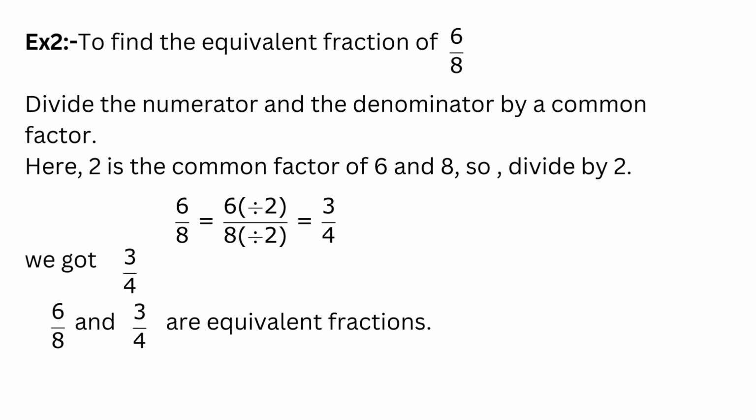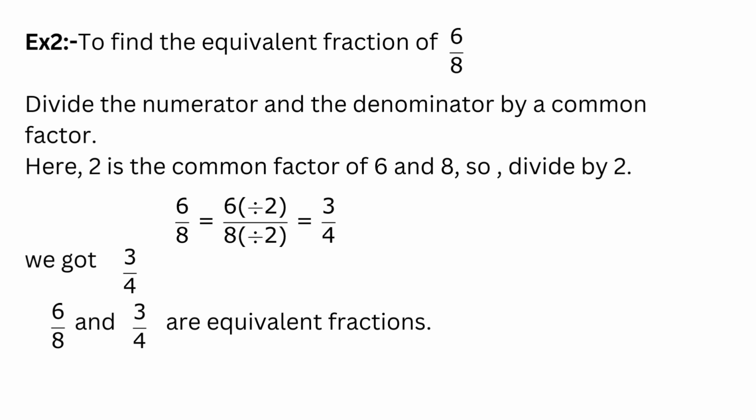Next example, find the equivalent fraction of 6 by 8. Here we are dividing the numerator and the denominator by the same number. See, we can see that we have a common factor for the numerator and the denominator. For the 6 and 8, we have the common factor 2.